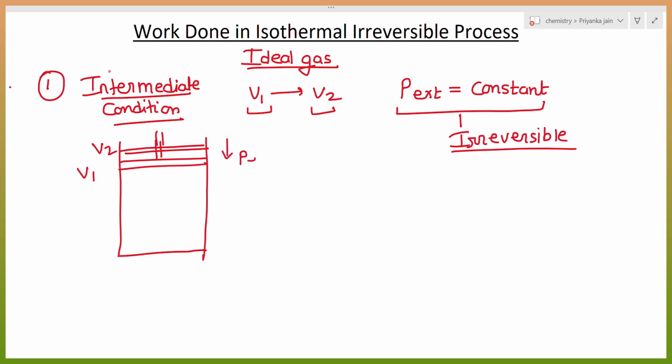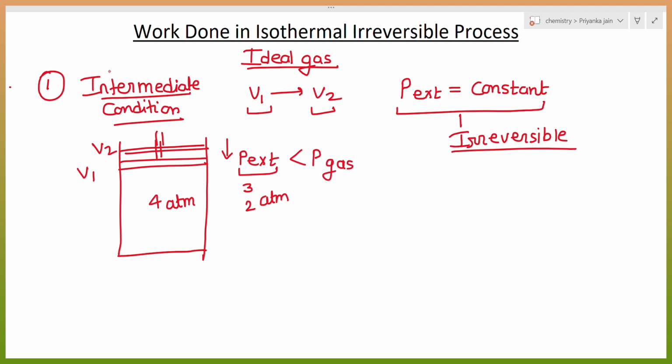This external pressure will always be lesser than the pressure of the gas. It means if the gas is at 4 atmosphere, then this external pressure is always less than 4 atmosphere. It may be 3 atmosphere, it may be 2 atmosphere, but it cannot be 4 atmosphere. When it is equal to 4 atmosphere, there will be no expansion. So the external pressure is always lesser than the pressure of the gas.